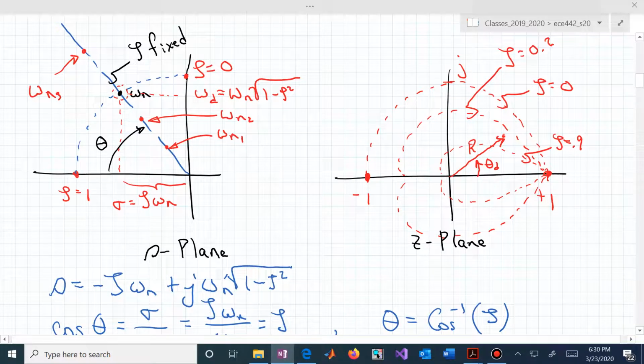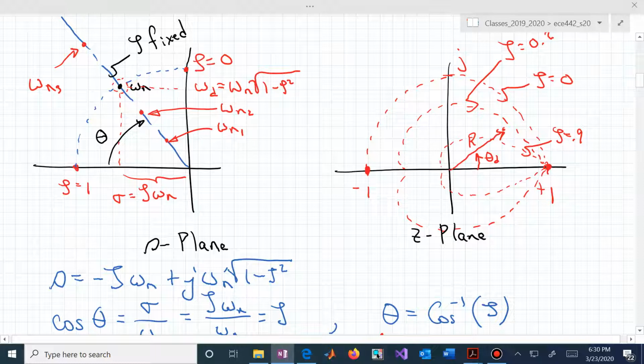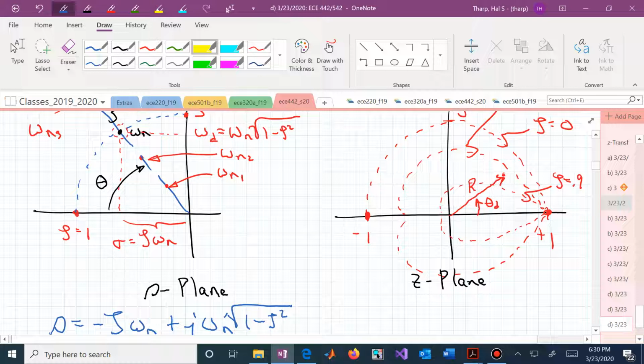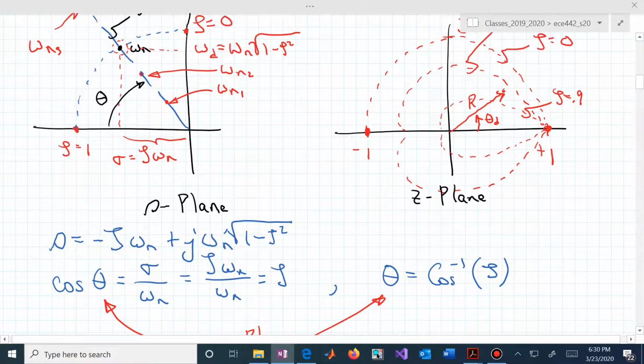The real part of that pole is now at minus zeta omega sub n, which is this distance.